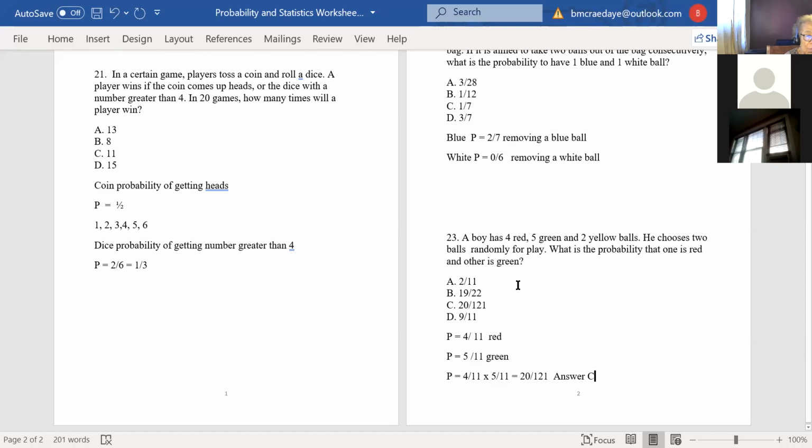So the probability one is red is 4/11, and we can use that one to find the other one.